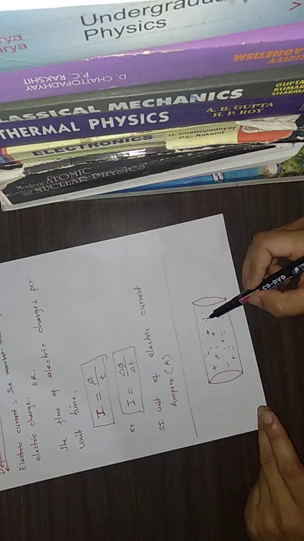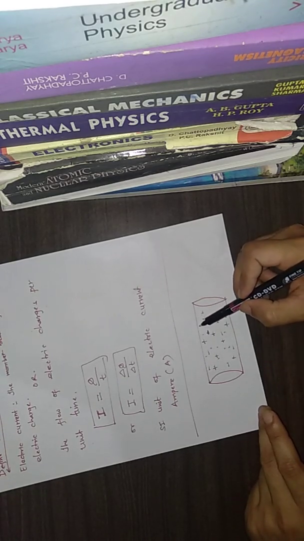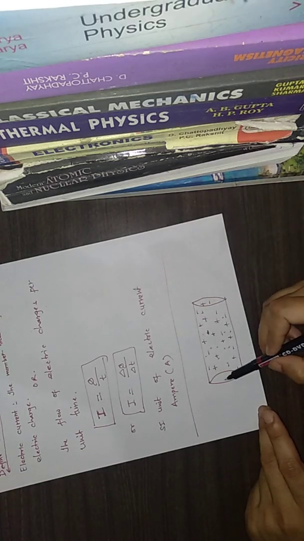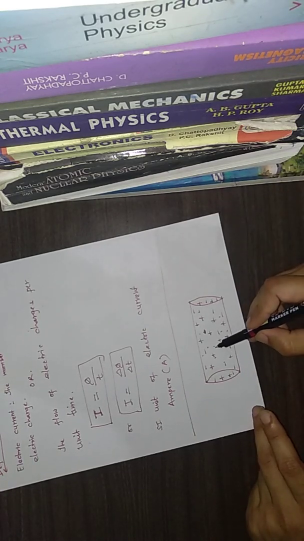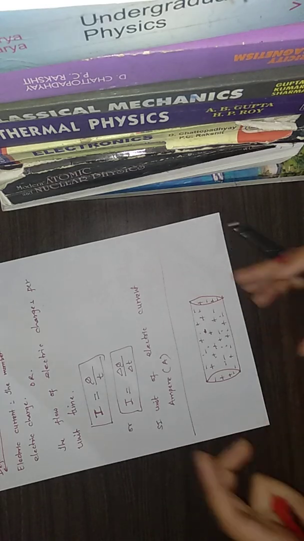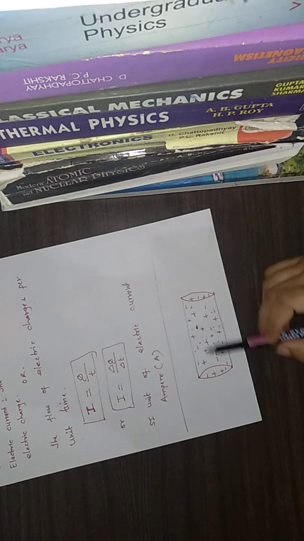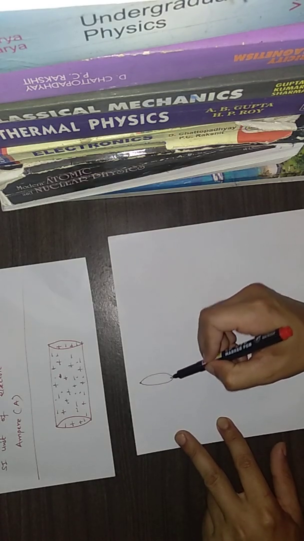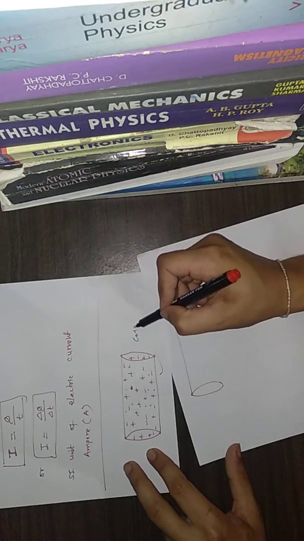This is your microscopic view of a conductor or any substance. Basically every substance has this particular configuration, that is positive and negative charge. Now let us suppose this particular system to be a conductor.